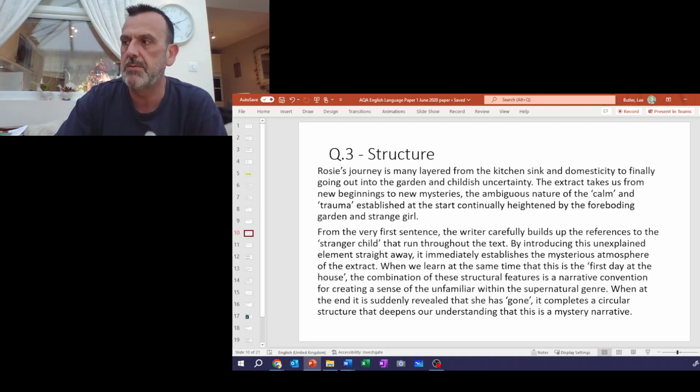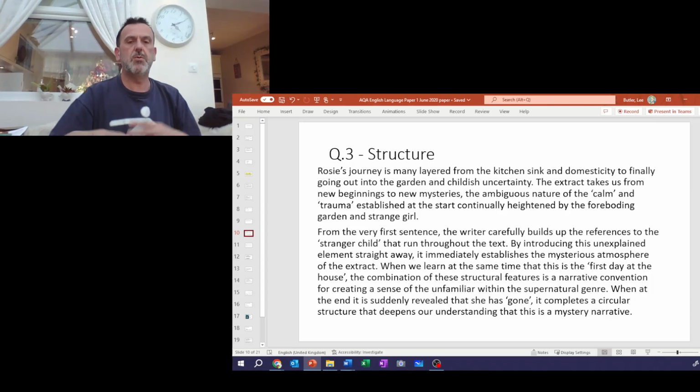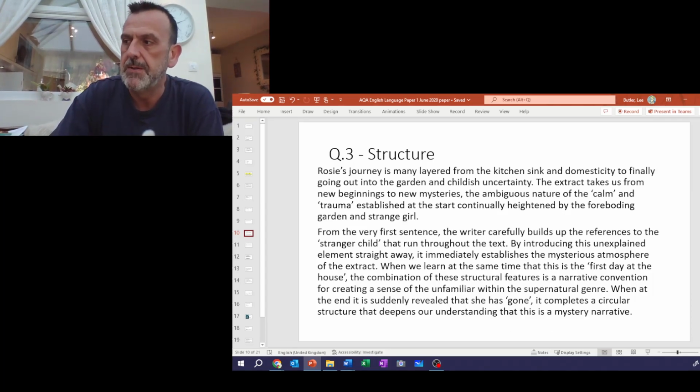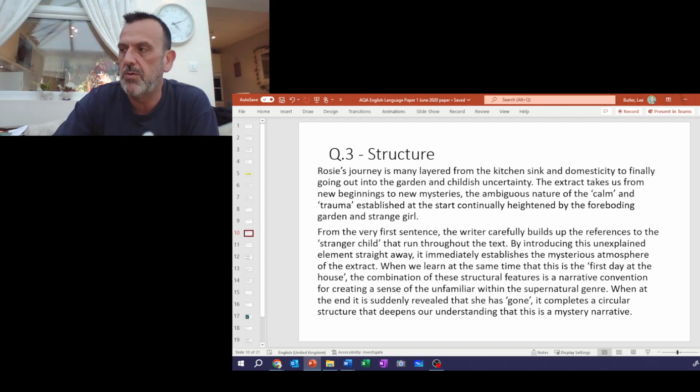And when we learn at the same time that this is the first day at the house, the combination of these structural and language features is a narrative convention for creating a sense of the unfamiliar within a supernatural genre. That's quite high level. It is realising that in other books that they've read, this happens a lot. When at the end it is suddenly revealed that she is gone, it completes a circular structure that deepens our understanding. So there's a mysterious girl and then there isn't.